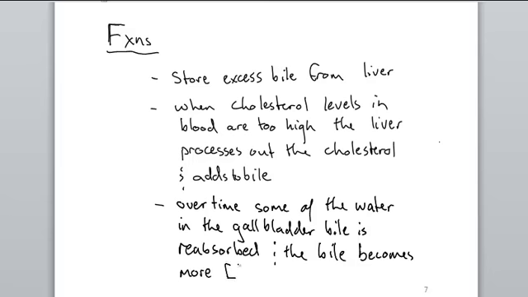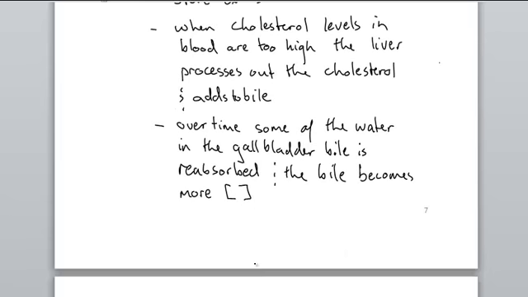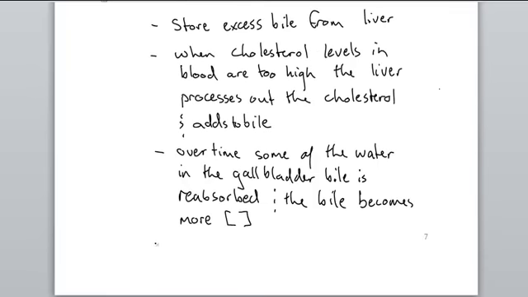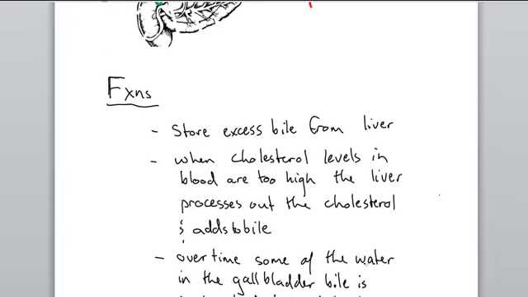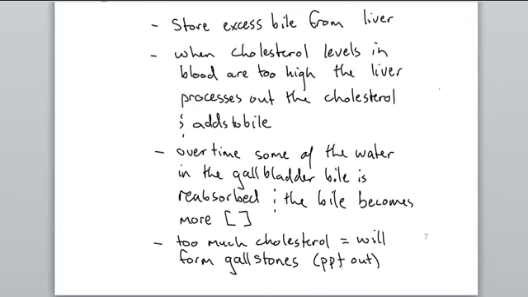And this is typically fine for digestion, but if you have too much cholesterol, what will happen is it will actually form gallstones. So it will precipitate out and form like hard little rocks in your gallbladder. And PPT, sorry, stands for precipitate.